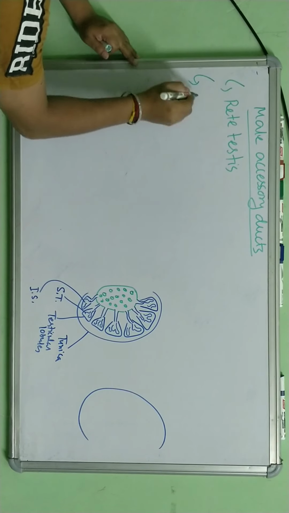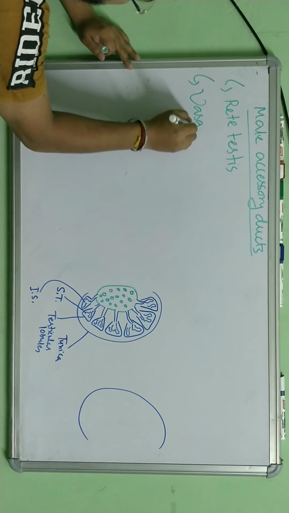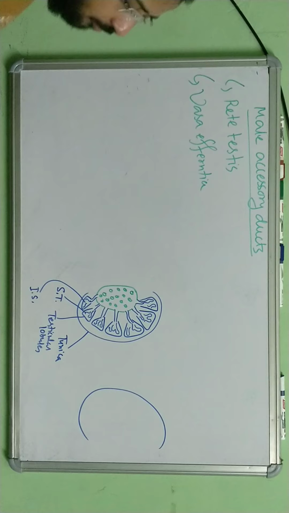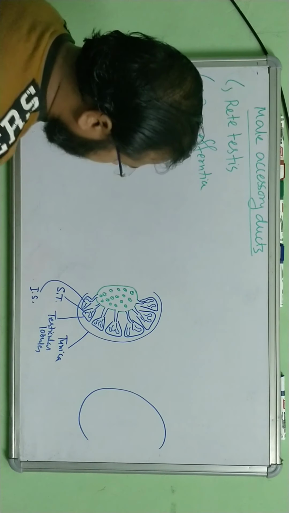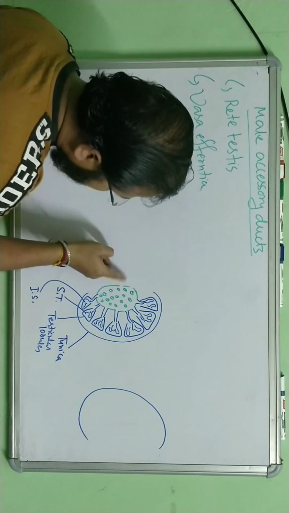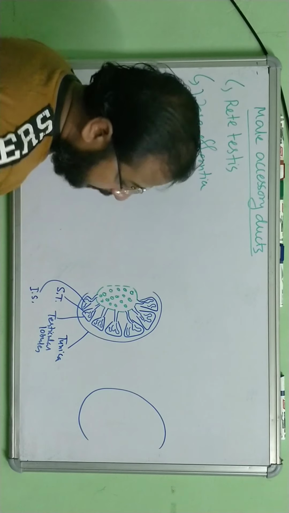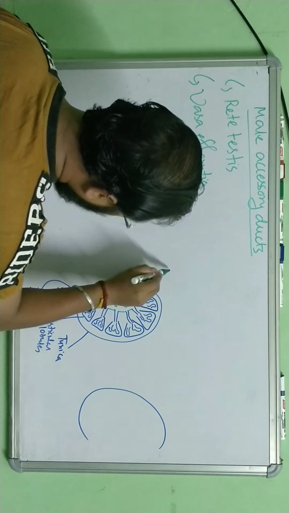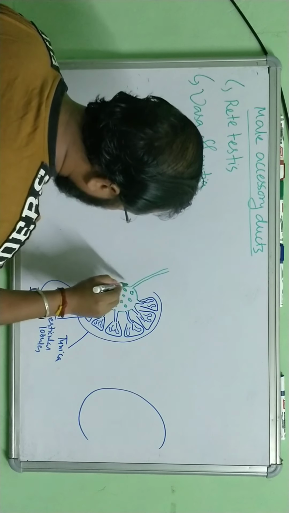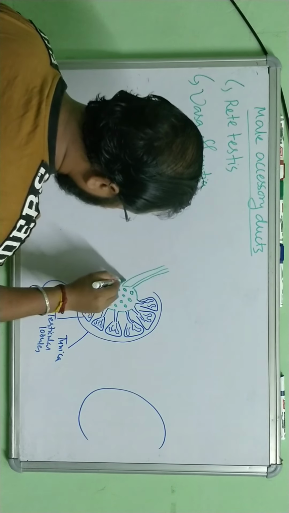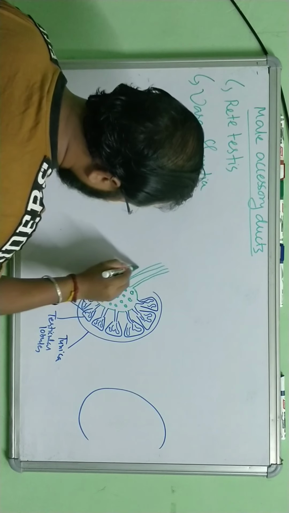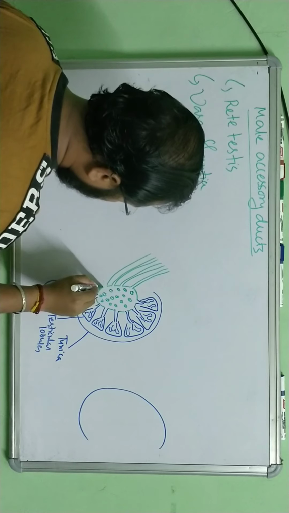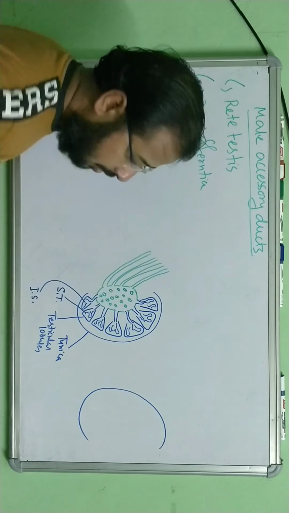What next? Next is the vasa efferentia. Now vasa efferentia, if I see, it starts from the rete testis and the tubes move upward.